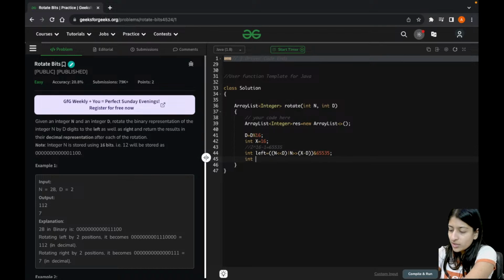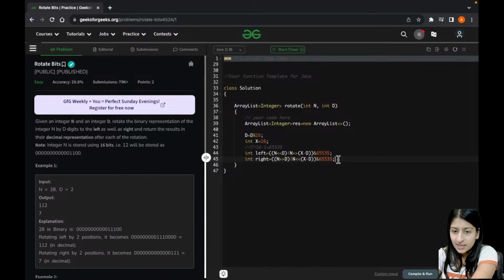Then you can calculate right also. Right is exactly this, the expression will be just opposite. In right, you are first right shifting the number by D times, doing a bitwise OR with N left shifted by x minus D times, where x is equal to 16.